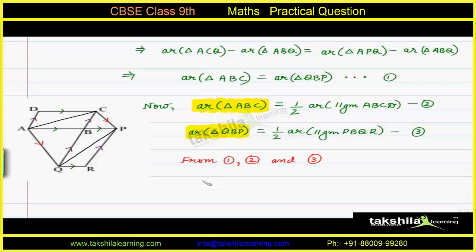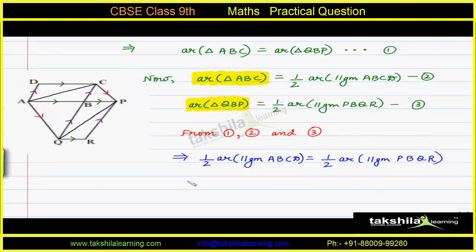This implies 1 by 2 area of parallelogram ABCD is equal to 1 by 2 area of parallelogram PBQR. Now we can cancel the half on both sides.